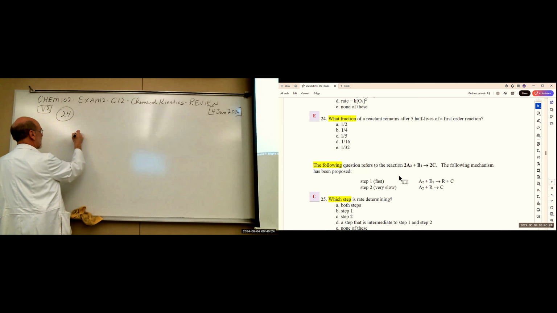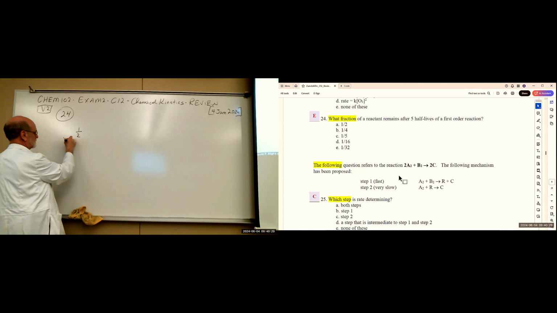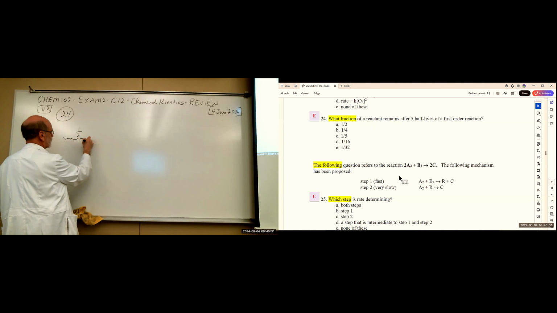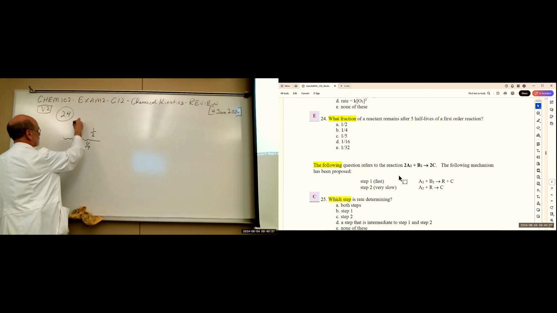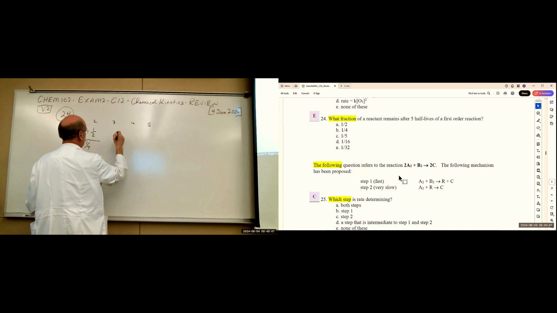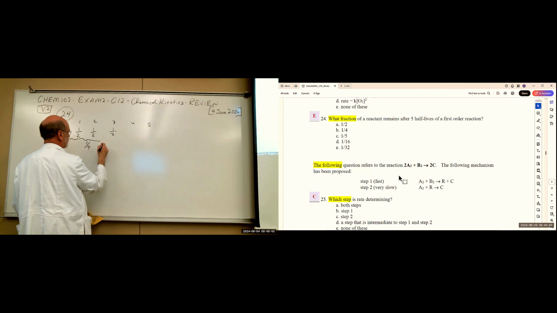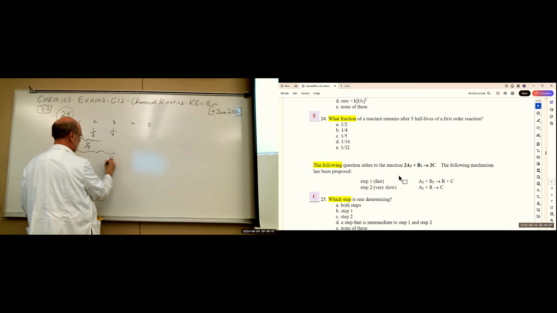So after the first half-life, you have a half left. Right? After the second half-life, you have a quarter left. So that's 1, that's 2, 3, 4, 5. So we do another half-life. That's 1/8 left.